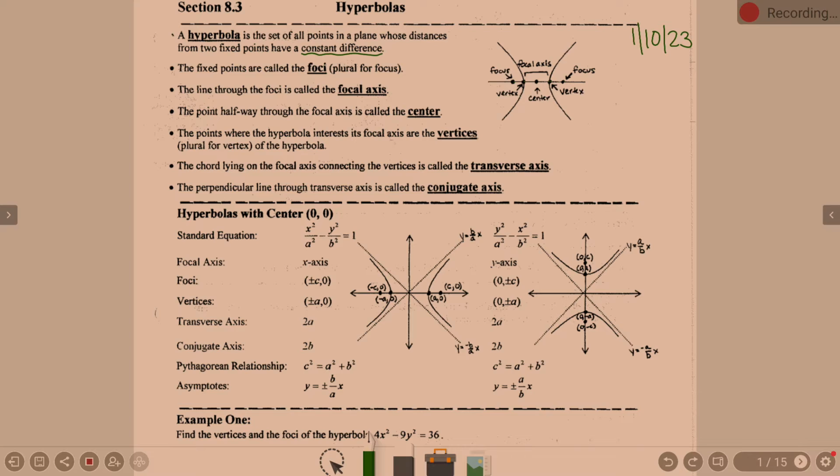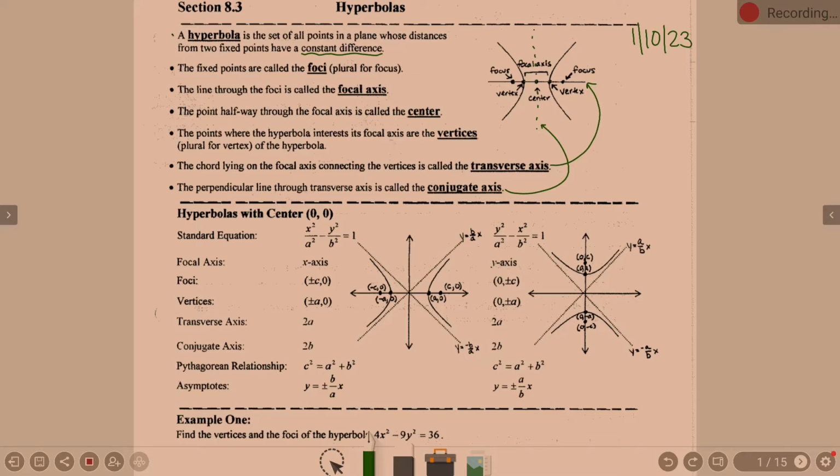Conjugate axis is the perpendicular one. It's not drawn in this picture, I'm realizing, but the conjugate axis would be the perpendicular one that goes through the transverse axis there. Okay? So transverse axis would be this one. Conjugate axis would be that one, if that helps any.